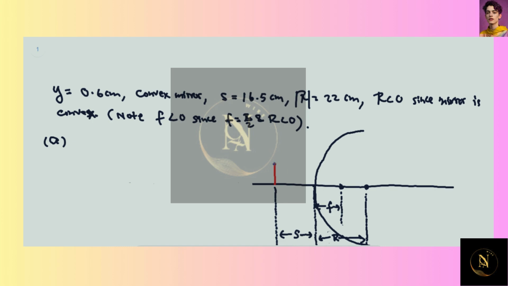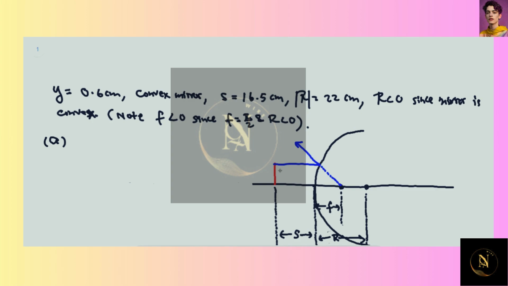First, we can take a ray that's parallel to the optic axis, which is this black line here, and then we know that such a ray will be reflected such that it appears as though it's coming from the focal point.